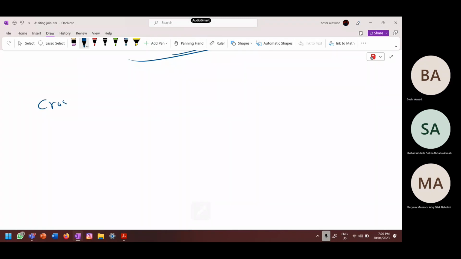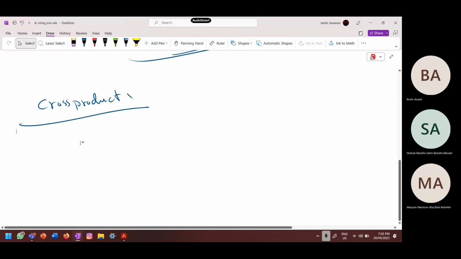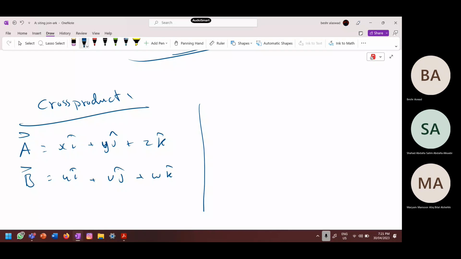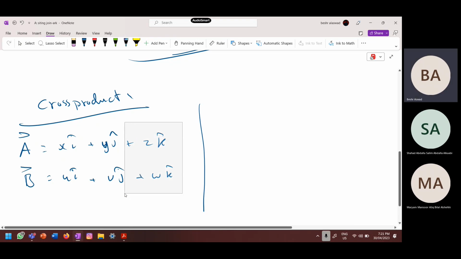Cross product with the same vectors that we work on. Cross product can actually be done for 2D and 3D, but I will teach you how to only use the 3D method to get the 2D and 3D. And instead of learning two methods, we can go with one. As for A and B, I'll leave it for the end.